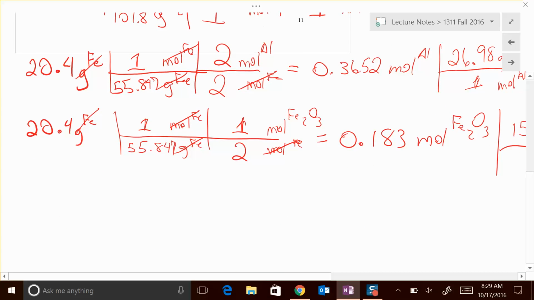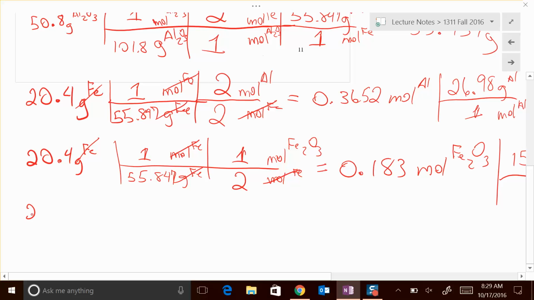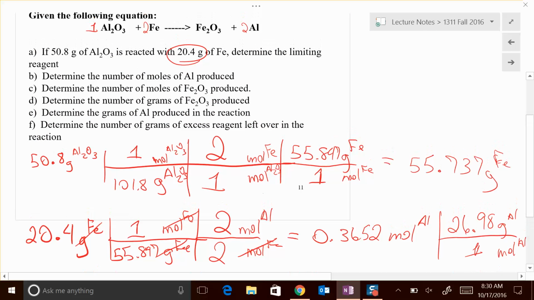So I need to start with my 20.4 grams of iron and go to the grams of Al2O3 to figure out how many grams are actually going to react with that 20.4. Because earlier when I figured out the limiting reactant, I used the 50.8 grams of Al2O3. So I don't know how many grams of the Al2O3 are actually going to be used in the reaction yet.